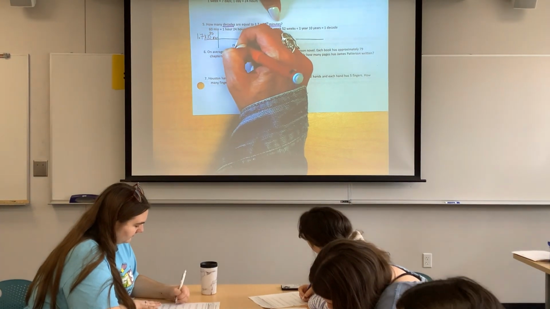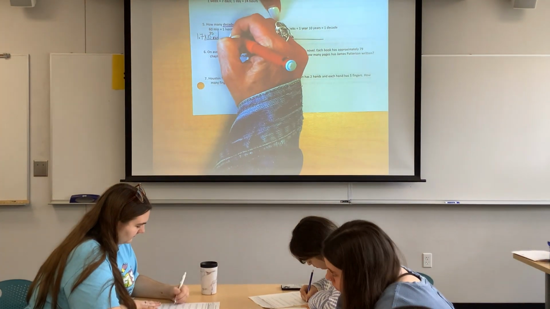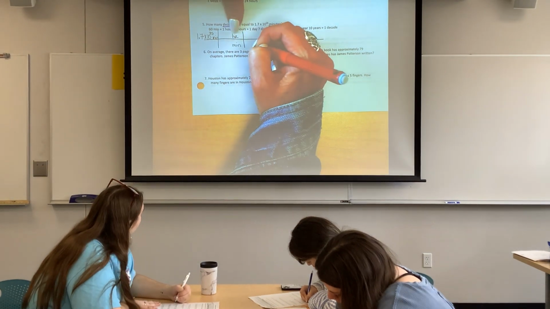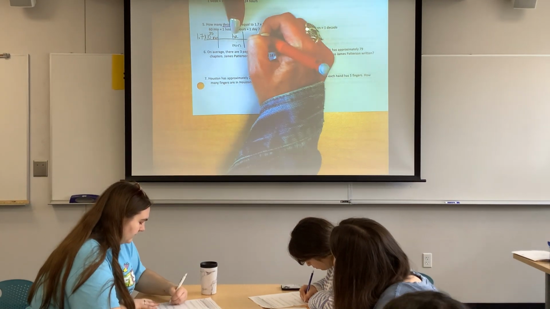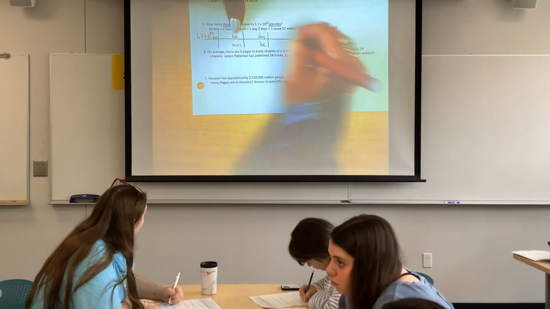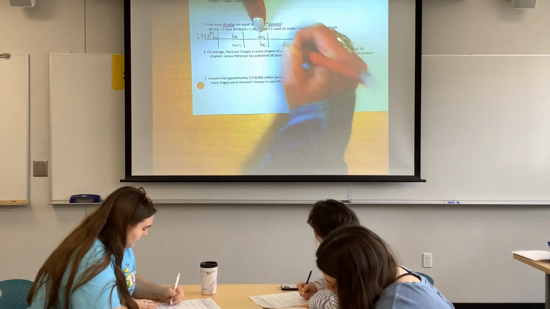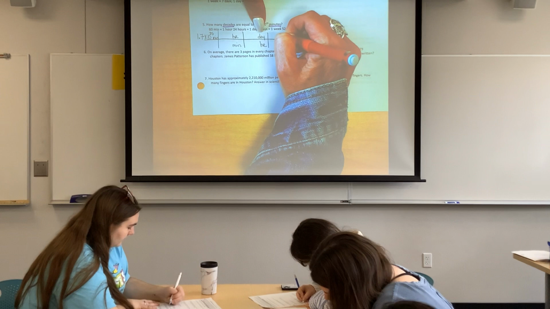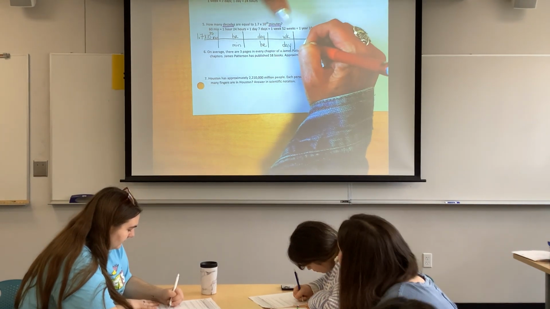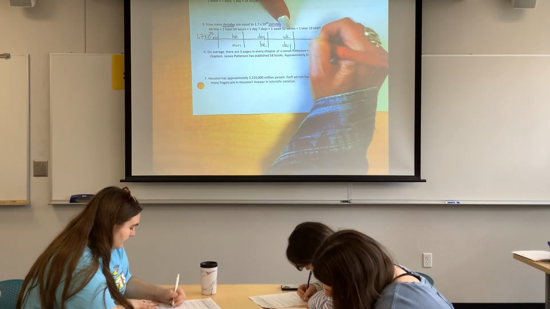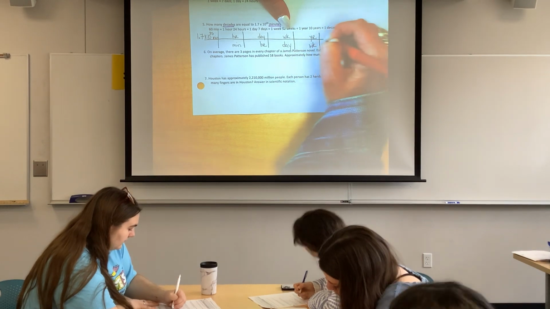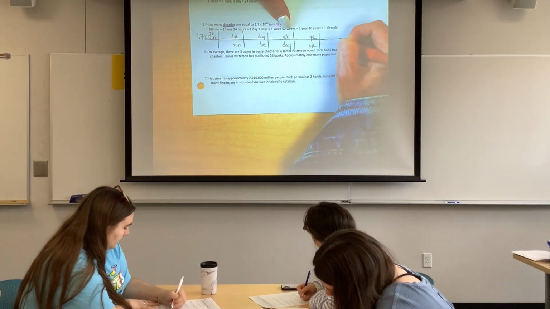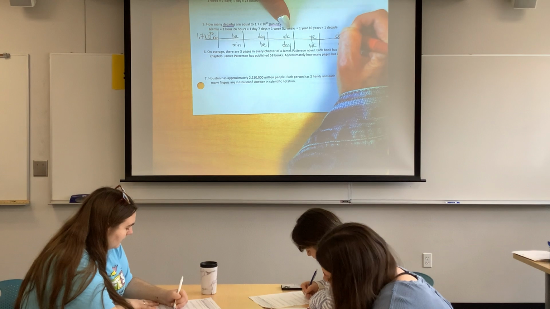First thing I'm going to do is go minutes to hours. Is that okay with you? Then hours to days. Then days to weeks. Weeks to years. And then finally, I can go years to decades.